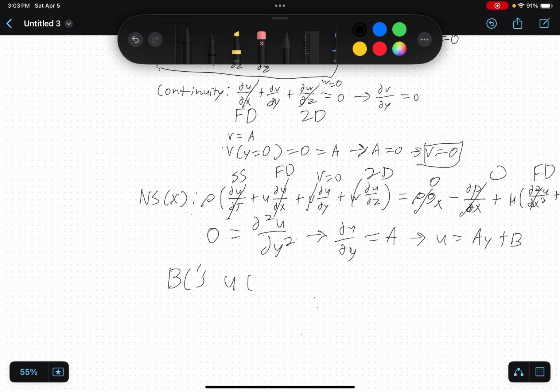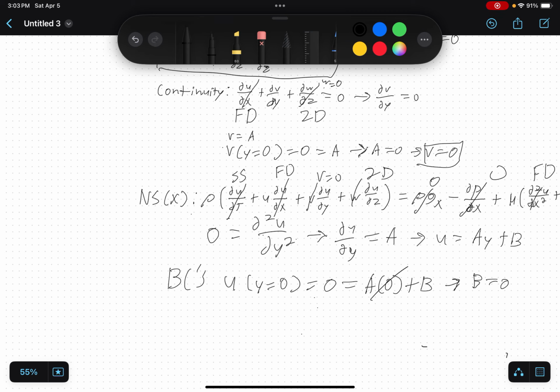u at y equals 0 equals 0. That equals a times 0 plus b, so that goes away and you're left with b equals 0.